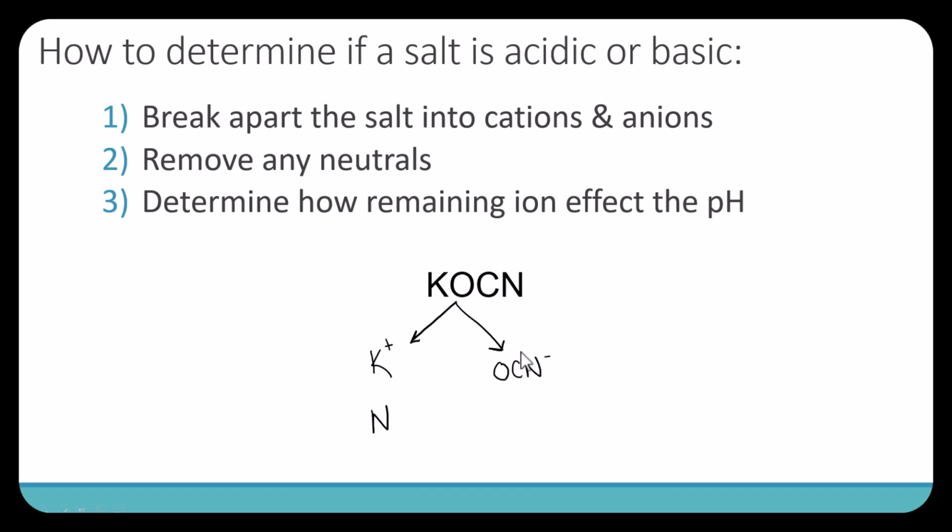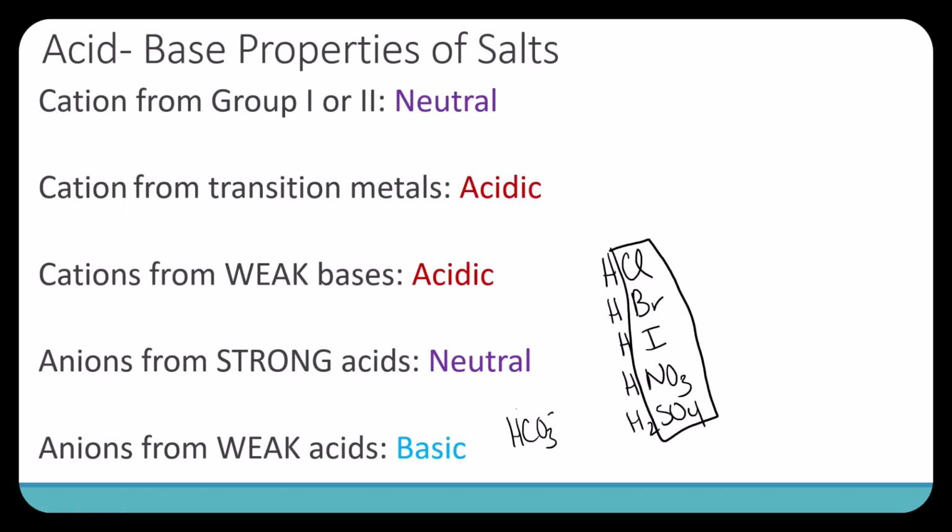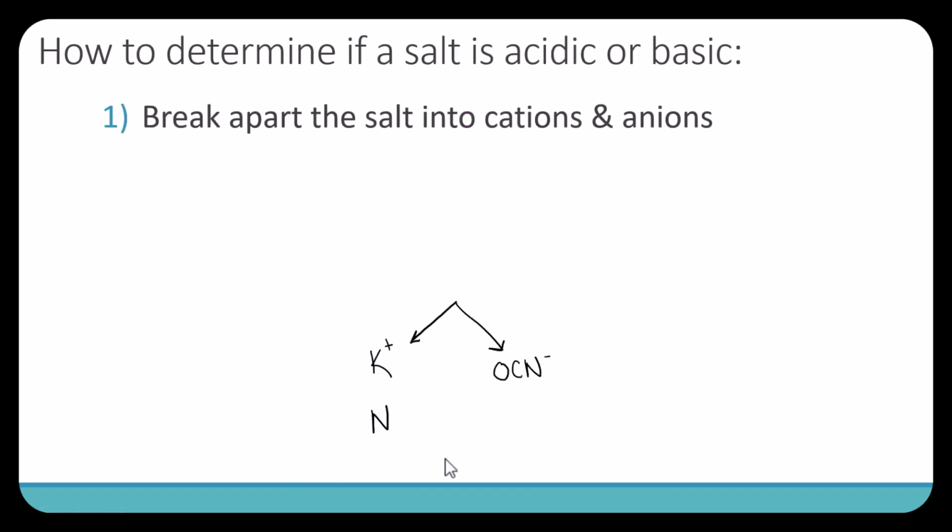Now let's look at our anion, this guy over here. So what are our rules for anions? Is it an anion from a strong acid? So is it one of the big 5? No, it is not one of the big 5. So that must mean it's an anion from a weak acid, so it would have a basic effect.